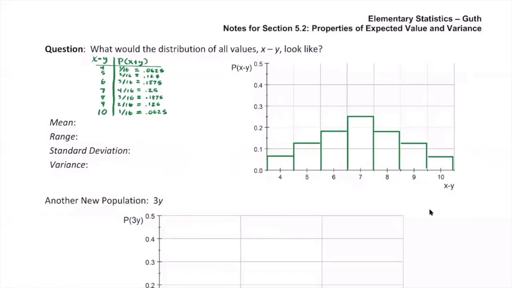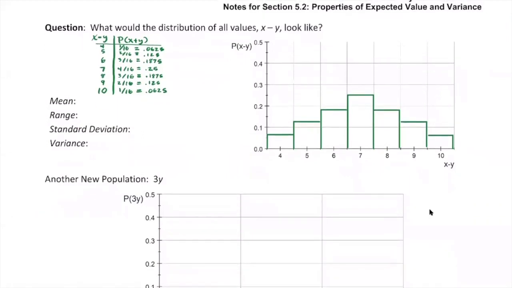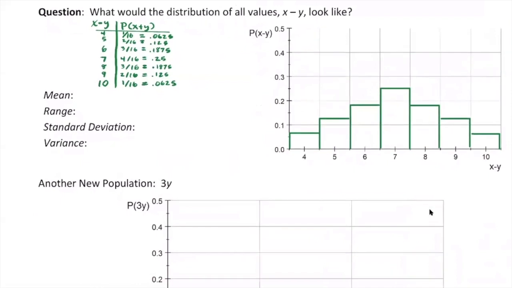You can see the mean. So we won't compute the mean this time. Clearly it's 7. The mean we want to write as the expected value of x. Well, how about this way? The expected value of x minus y is 7.